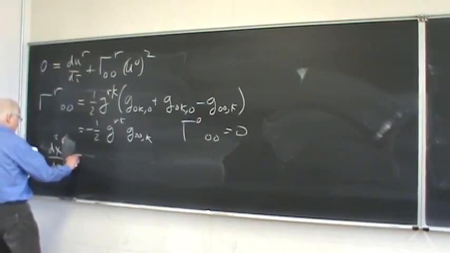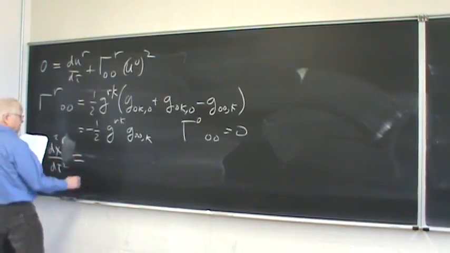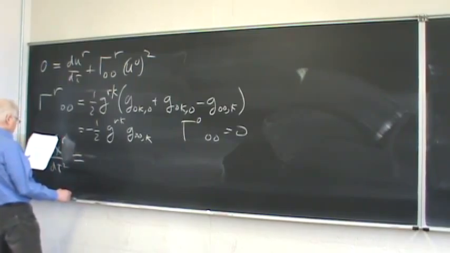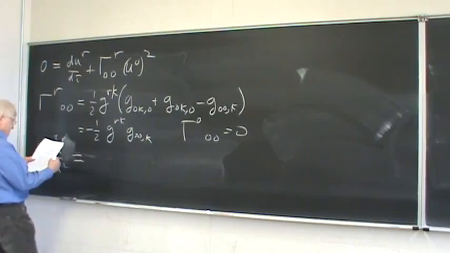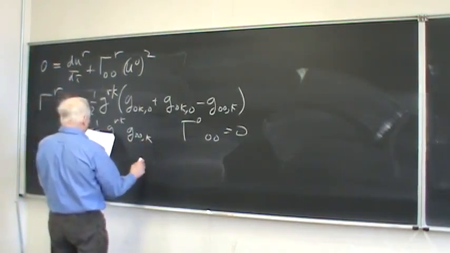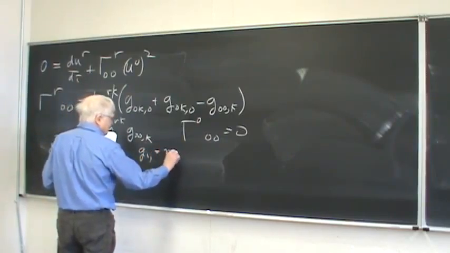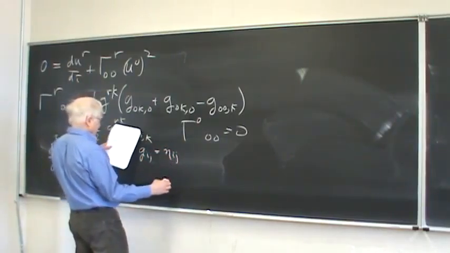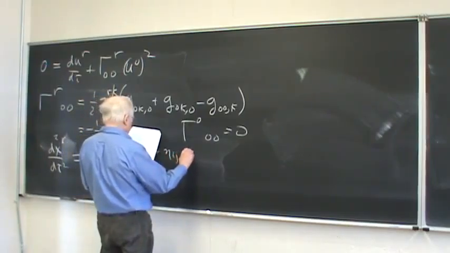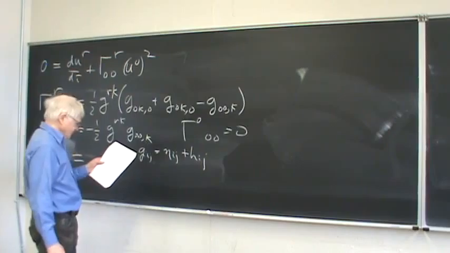All right, anyway, d2x^r/dtau squared then is, all right, first I skipped something here. What are we going to say about this? Well, we're going to say that gij is eta ij, the metric of special relativity, plus hij, where hij is very small.